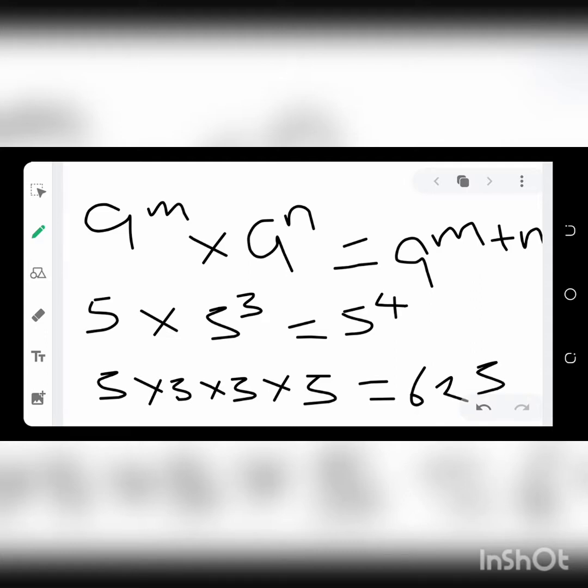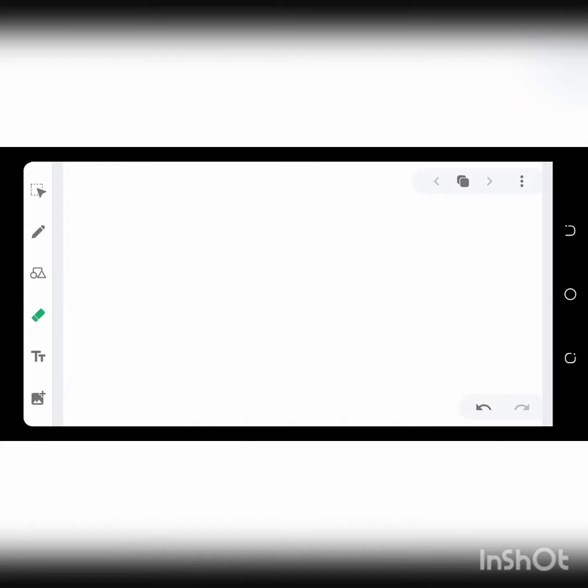Then the next law here is the division law. In division law, let's say I have a raised to the power of m divided by a raised to the power of n. For division, when you have division between two bases, you simply subtract the powers, since the bases are the same.